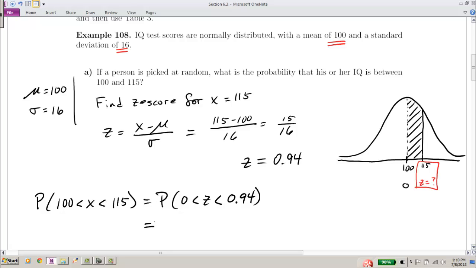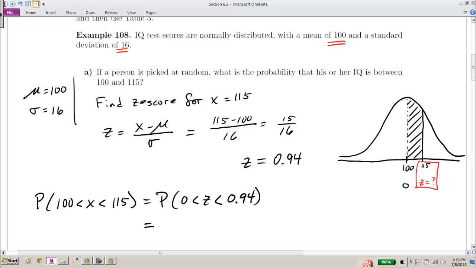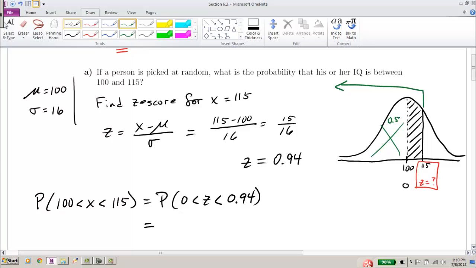Since we're looking for the area between two z-scores, I can use the table to find the total area to the left of z equals 0.94, and then subtract off this area. We don't need the table for that area, because we know it's 0.5 because of the symmetry of the distribution.